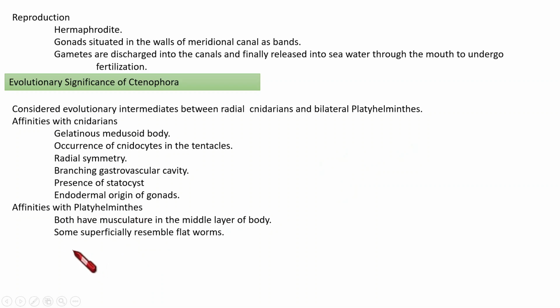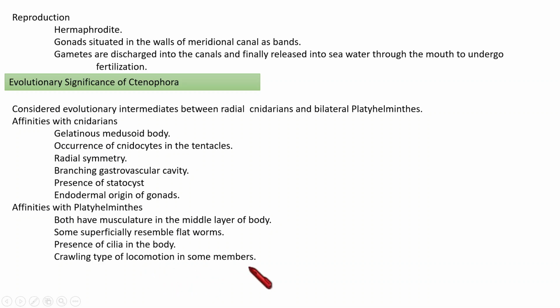And both ctenophores and platyhelminths, to some extent, look similar in shape. Some members that come under ctenophores have a shape like that of platyhelminths, that is flatworms. And some platyhelminths possess cilia, and ctenophores also possess cilia in their body.